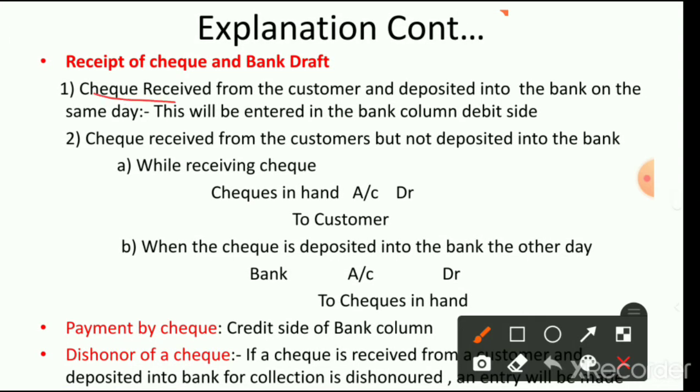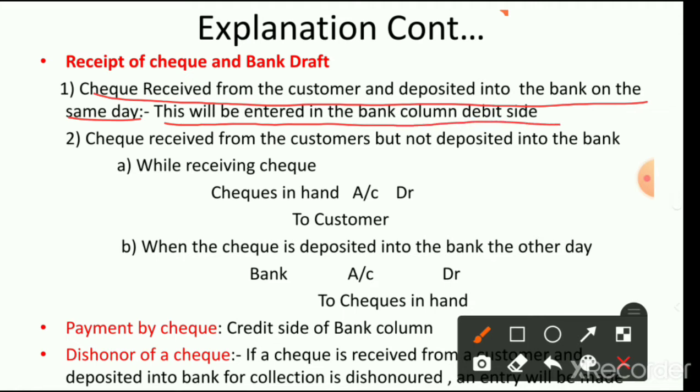When a check is received from a customer and deposited into the bank on the same day, suppose today I am receiving a check in the morning and the same day I am depositing it into the bank, then this will be entered on the bank column debit side.